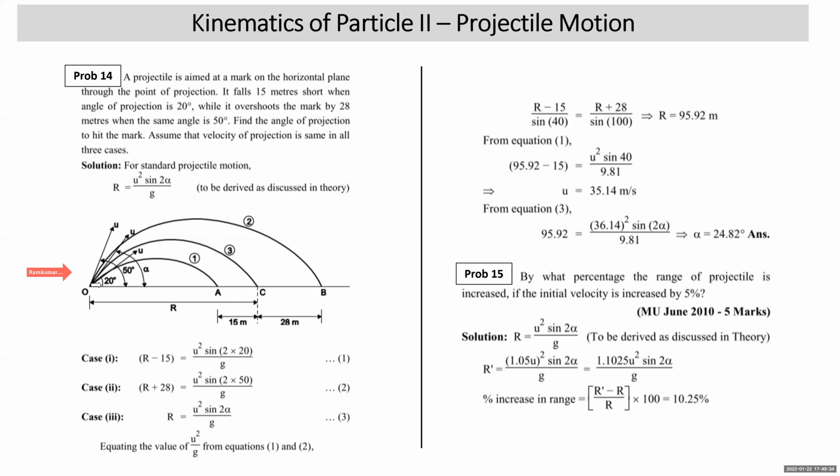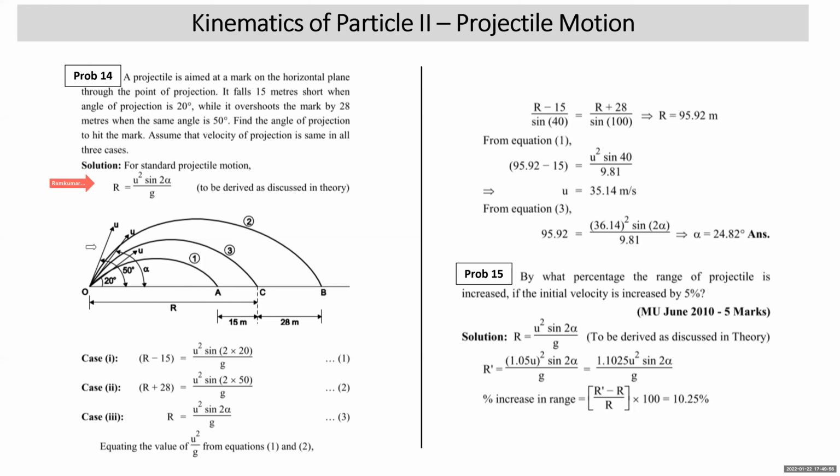When the angle of elevation is made 50 degrees, in this case trial 2, with velocity u, then it overshoots by 28 meters. So he is asking you to find out at what angle, trial 3, it should be thrown so that it hits the target C. All right. Now, we have to first derive this formula.